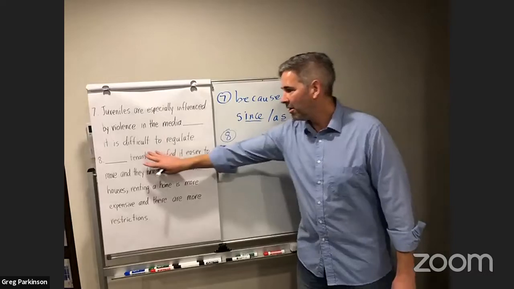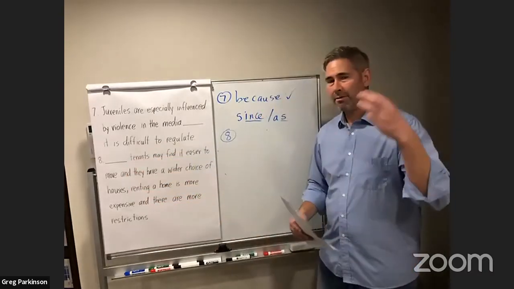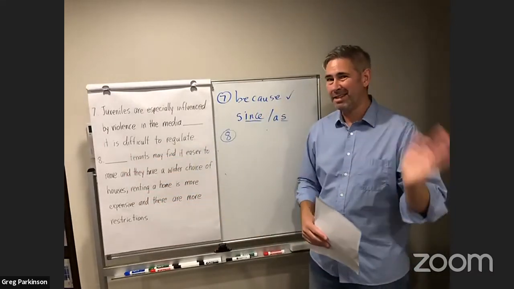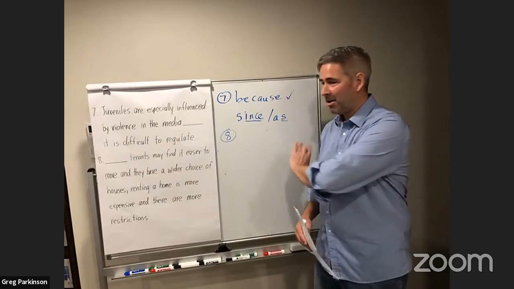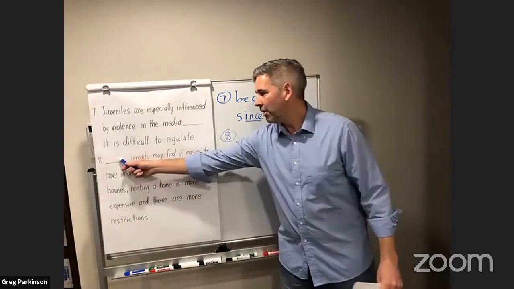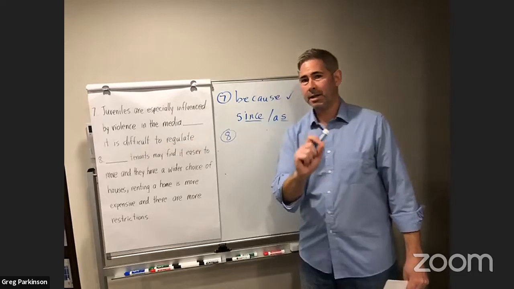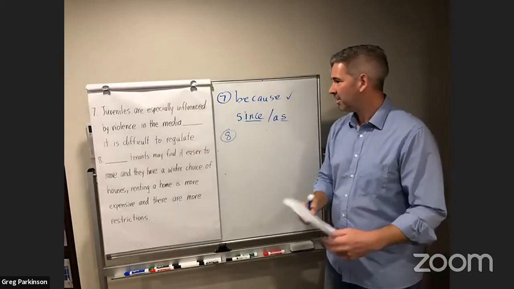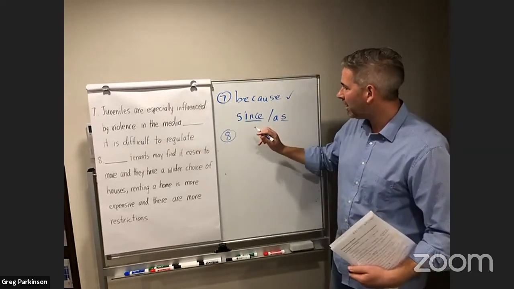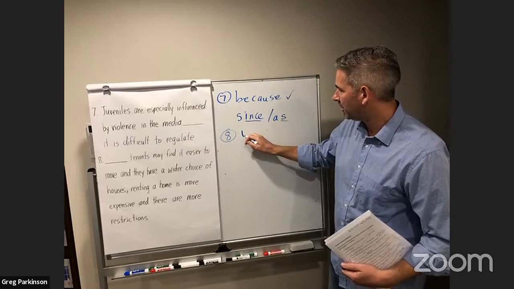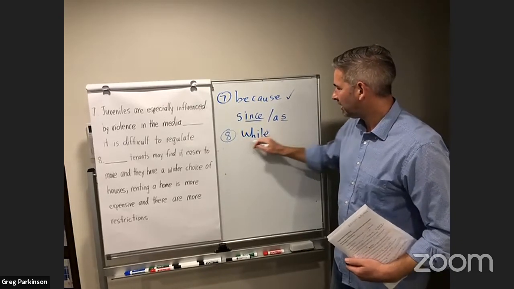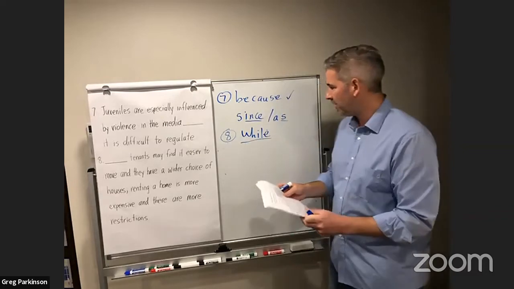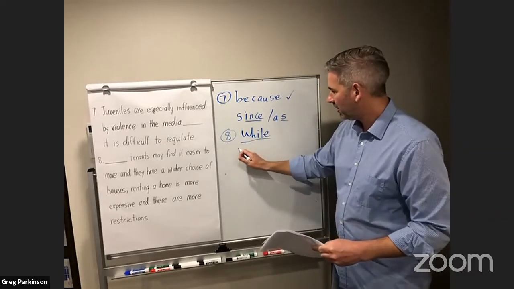So if you watched webinar 3, where I talked about advantages and disadvantages essays, hopefully you can remember the particular subordinating conjunction I used. And if you remember while, well done. And I'm going to underline that just again to show you that there is a slight difference.